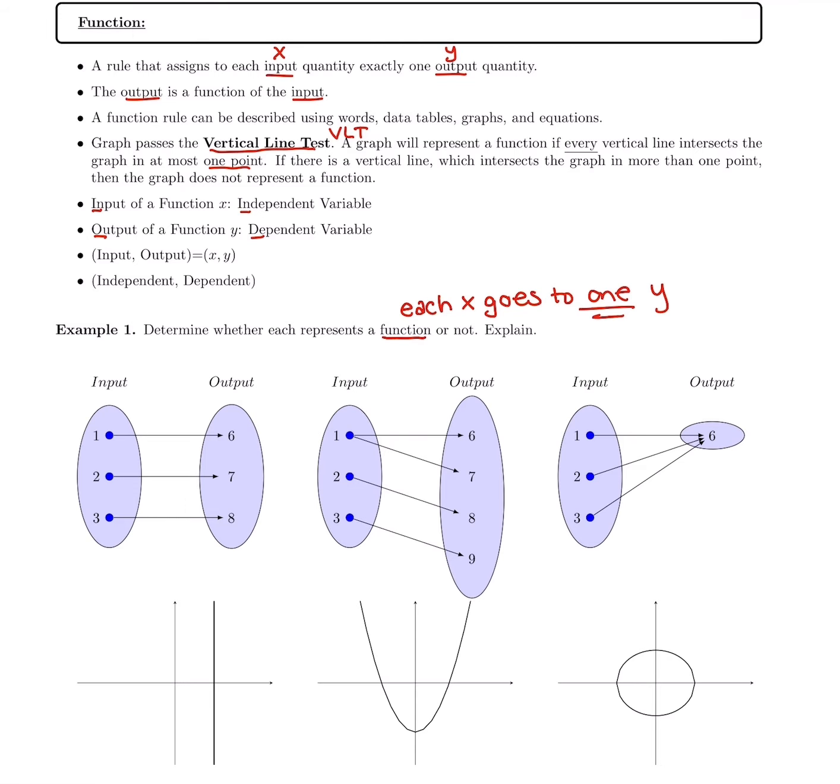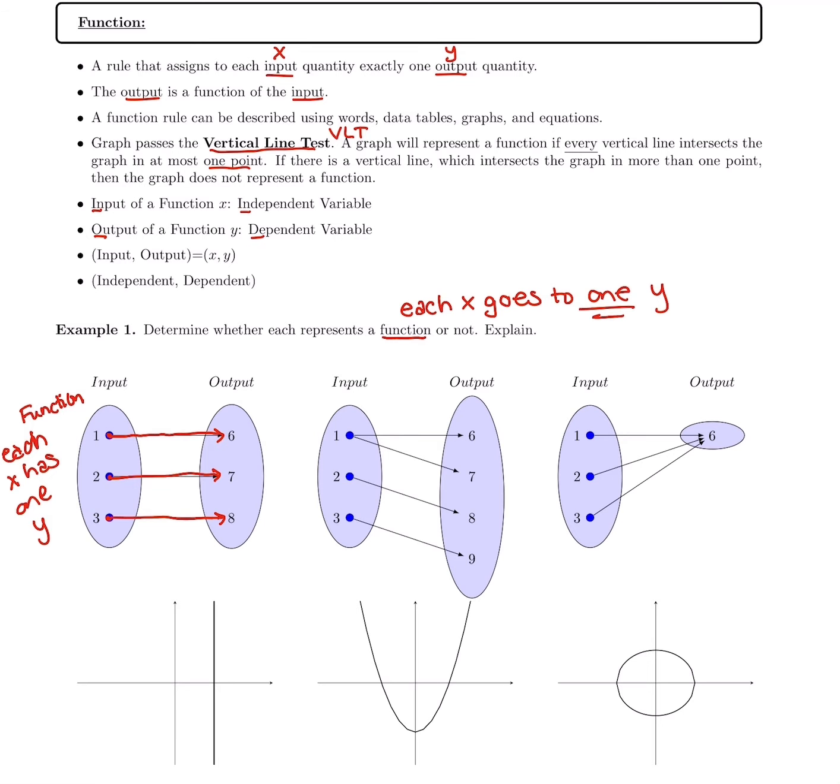Looking at this first one, my first input, my first x is 1, it goes to exactly 6, that's good to go. 2 only goes to 7, and 3 only goes to 8. So yes, this is a function. Each x has one y. Each input has exactly one output.